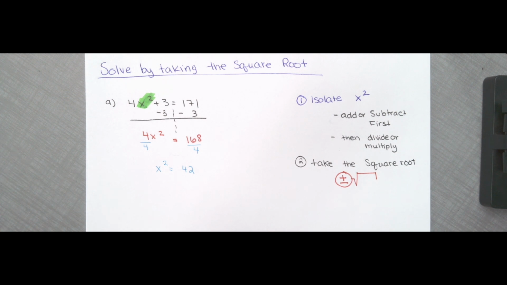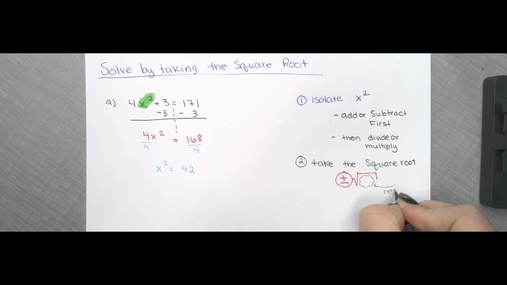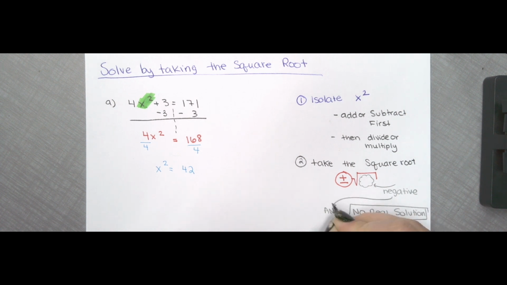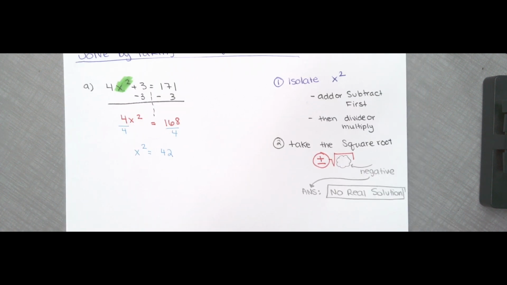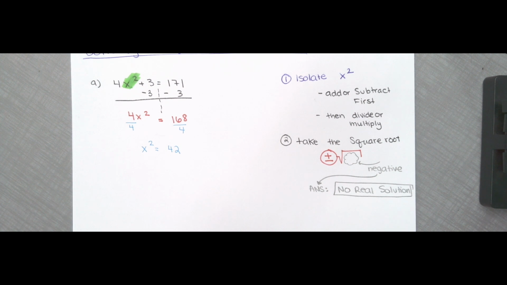If you ever take the square root of both sides and the inside is negative, then your answer is no real solutions. That's only if the inside is negative. If the inside's not negative, don't worry about it.